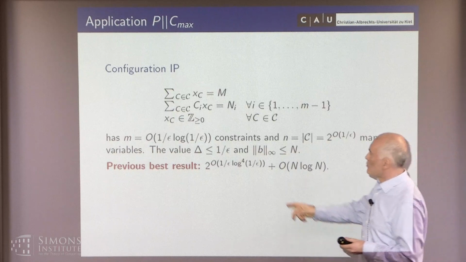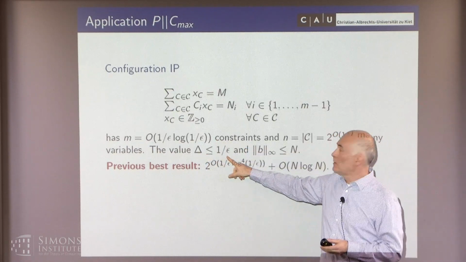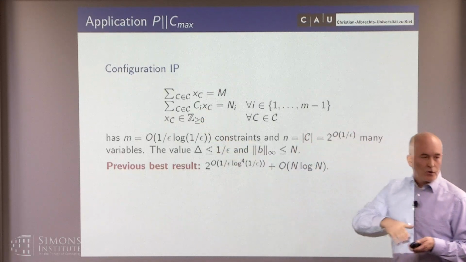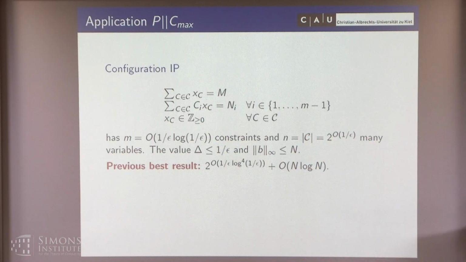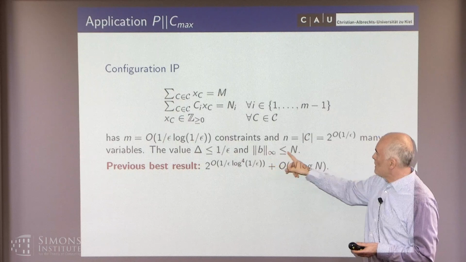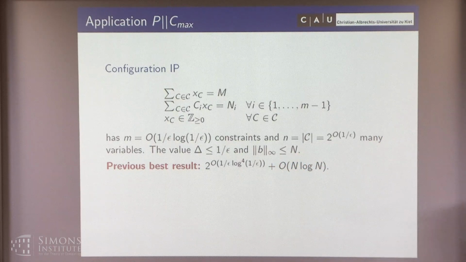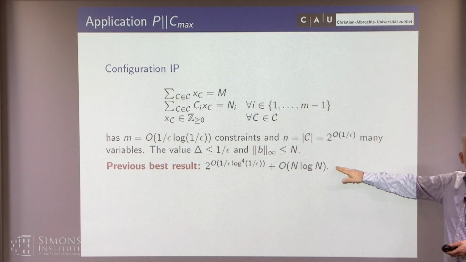But what's nice is the right-hand side is bounded, and also the values in the C_i here, because for each size, if you have only large sizes, you can take only 1/epsilon times. And the largest value here is the number of jobs in the worst case, n. So what we did before is we had a running time like this.